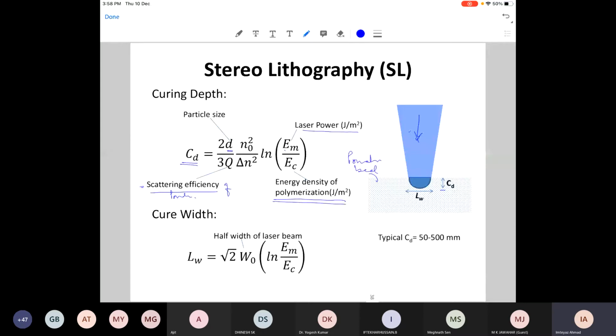So this is the relationship. N naught is the refractive index of your media, and delta N naught is the difference in refractive index between the feed material and the media. So this is delta N, this part minus this part.